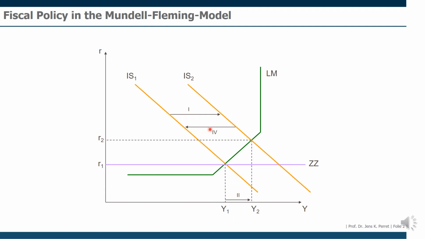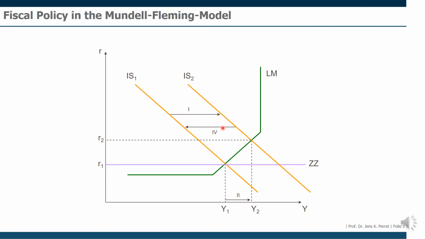And this is what we see here, the movement back of the IS curve, because if the net exports decrease, overall demand for domestic goods will decrease as well, moving the IS curve back to the left.